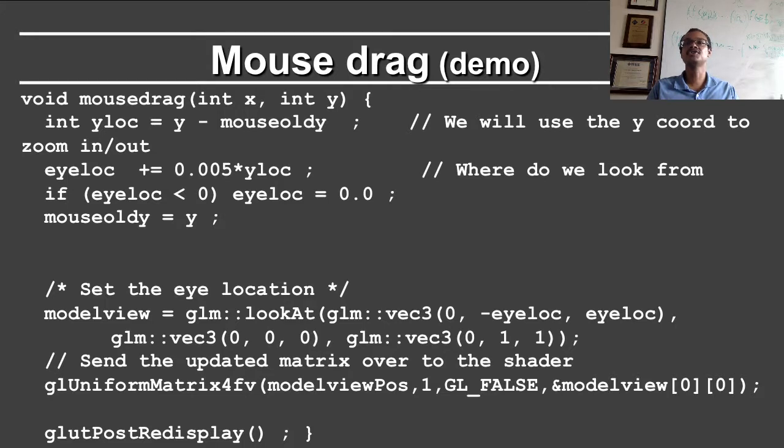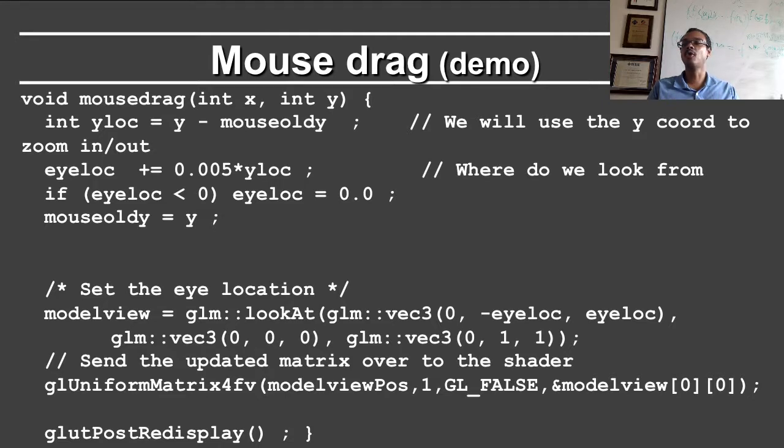That's what mouse motion is doing, it's just considering the current value of y minus the old value and using that to zoom in or out. So in particular, it will change the value of the iloc. So we have 0.005 times the increment in y location. Of course, if iloc is less than 0, you don't let that happen.